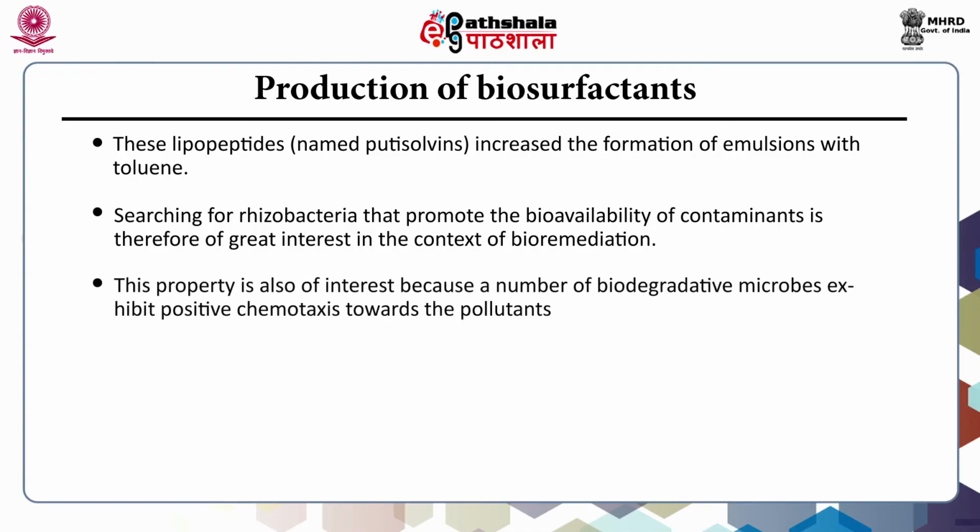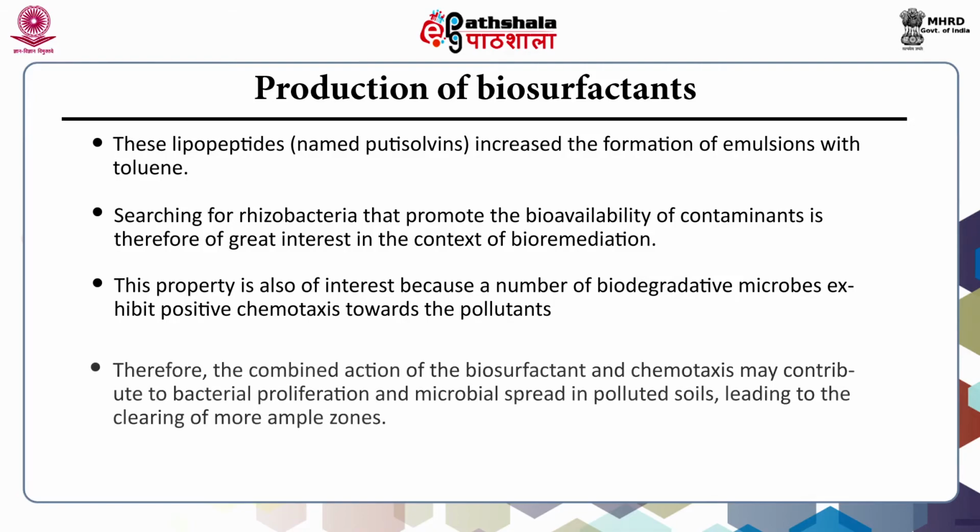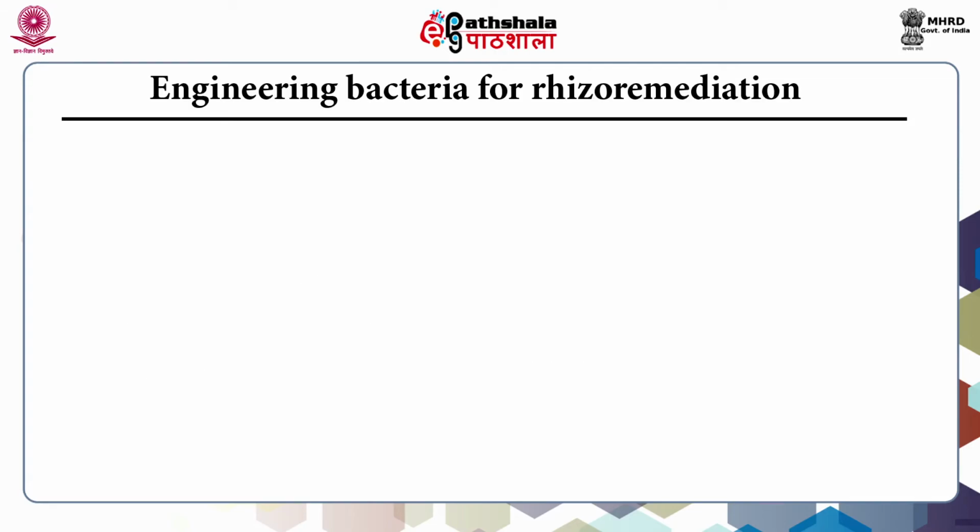This property is of great interest because a number of biodegradative microbes exhibit positive chemotaxis towards the pollutants. The combined action of biosurfactant and chemotaxis may contribute to bacterial proliferation and microbial spread in polluted soils, leading to clearing of ample zones.